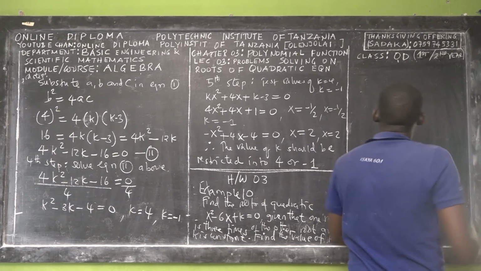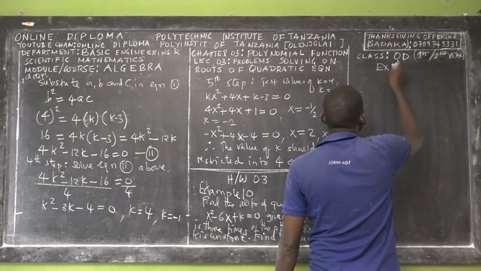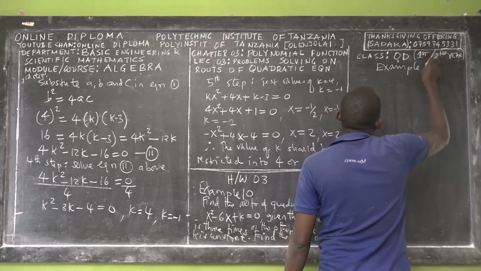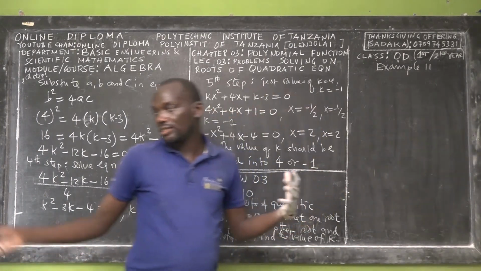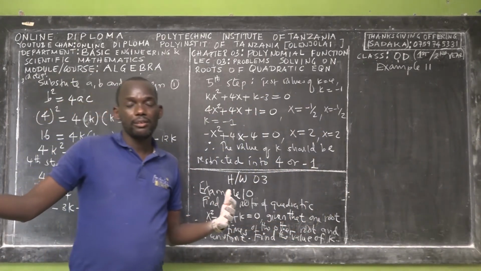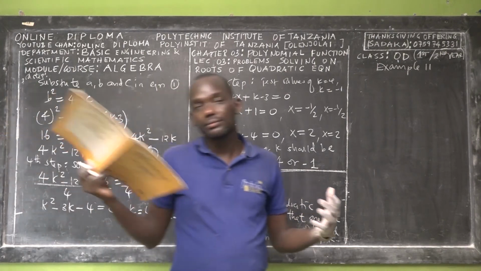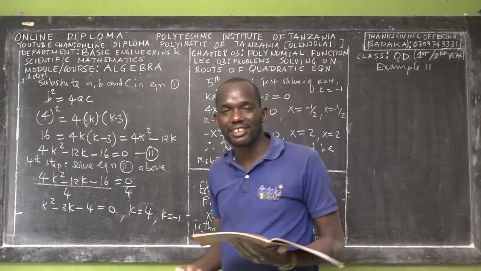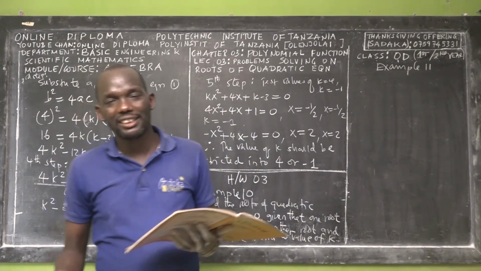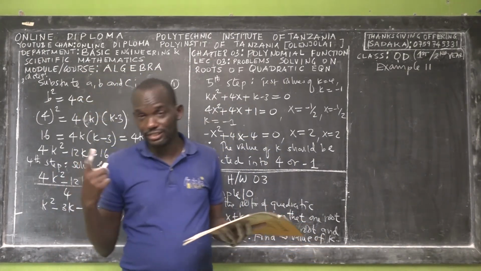The last question, which is example 11. The normal sessions of basic engineering mathematics and the normal sessions of basic scientific mathematics for ordinary diploma is 50 minutes, 1 session.